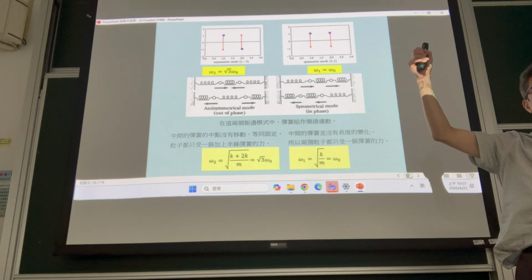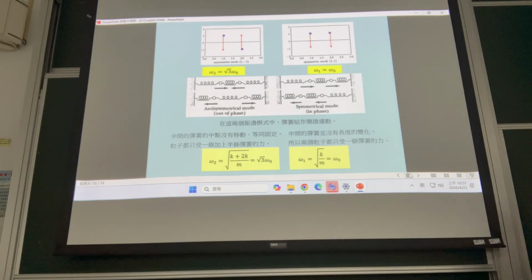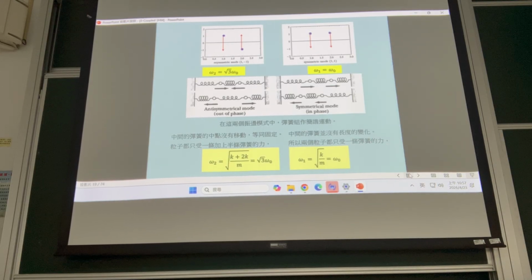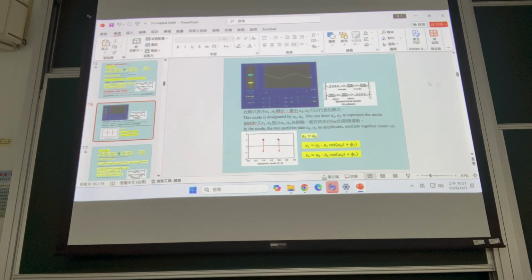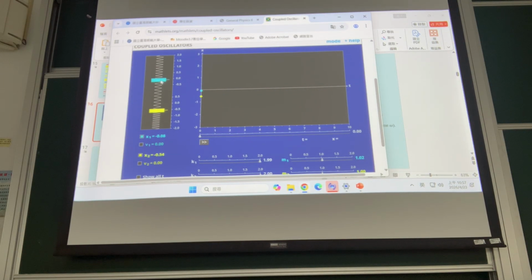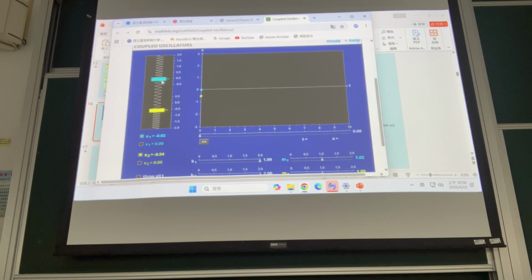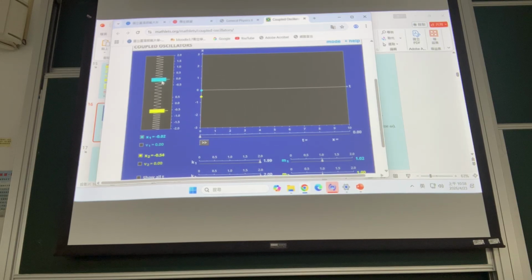Okay, you may ask, how about if I put the initial condition anywhere? For example, in this cartoon, if I put the initial condition, the first one at 0, the second one at minus 0.5, so it's in between symmetric and anti-symmetric, right?